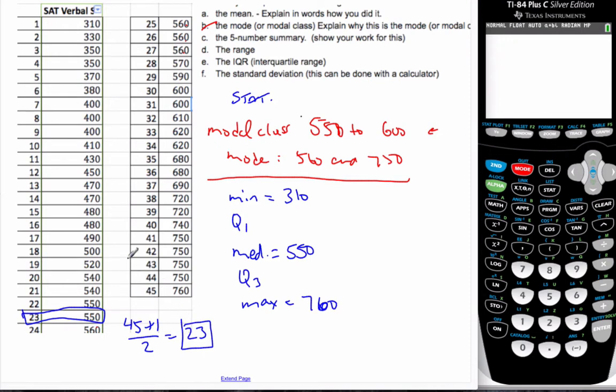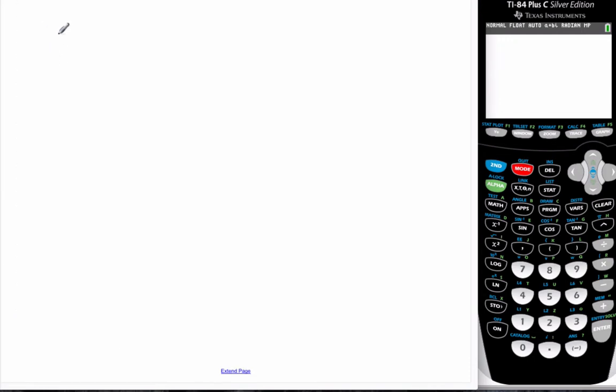If I had, let's say, an even number, let's make a smaller number that I can divide. Let's say there are 24 numbers. Then I would add 1 and divide by 2, which would be 25 divided by 2, which would be 12.5.